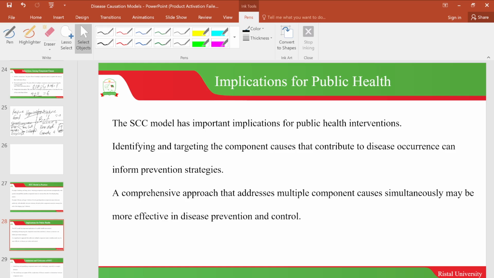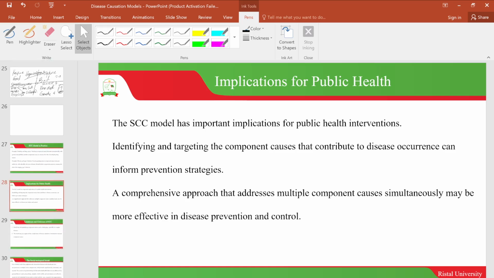We can use it in identifying the risk factors and the risk groups, and be able to design interventions to mitigate, put down strategies, design strategies, and implement them such that they don't develop these conditions. So it allows us to look at diseases in a comprehensive way.